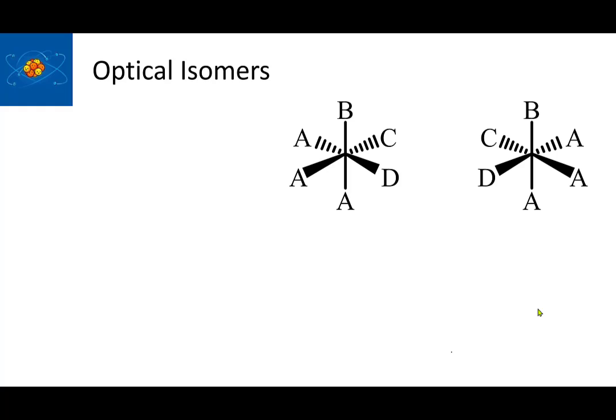So when we talk again, some of the words: mirror image, chiral, this is one of the important words. These are non-superimposable. Ran out of room. Hang on.